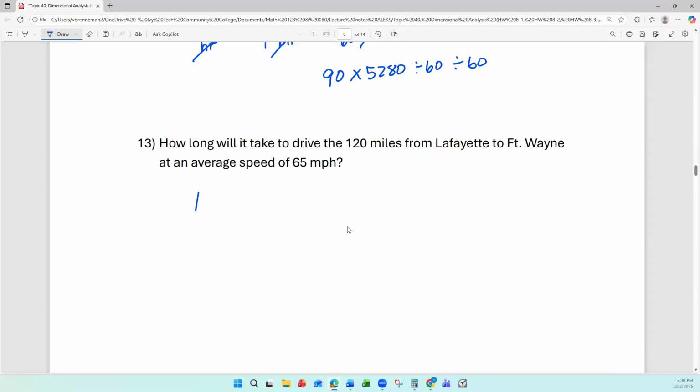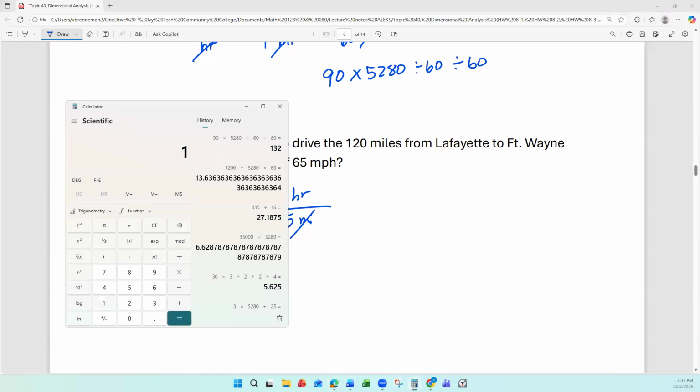So I start with the 120 miles over 1, and then I can put the 65 miles, part of the 65 miles per hour, 65 miles on the bottom per 1 hour on top. And then it didn't specify what unit, so this will give me the time in hours.